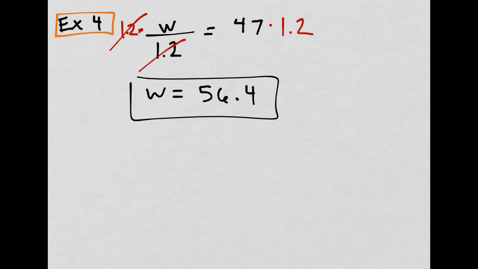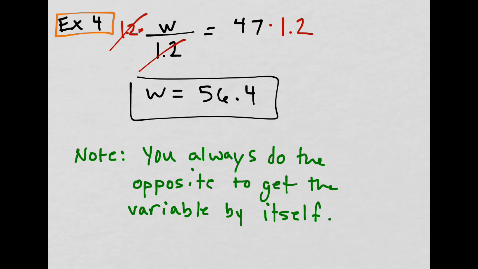The moral of the story, this is not really a story, but what you do is you multiply or divide based on whatever you have. So here, you're always doing the opposite to get the variable by itself. That's the key note. You always do the opposite. What do I mean opposite?